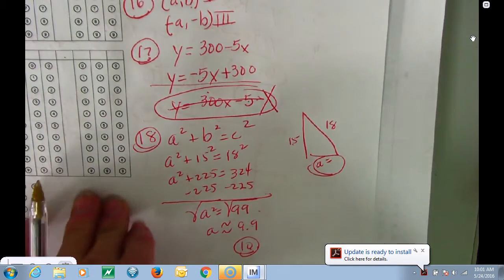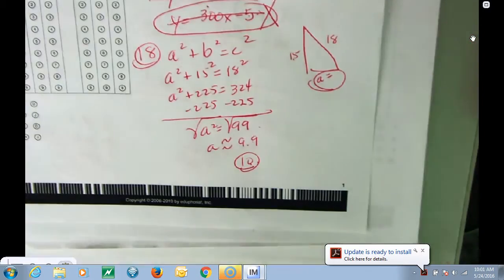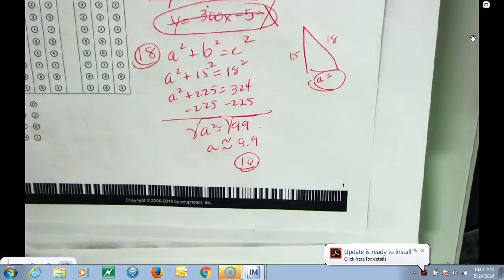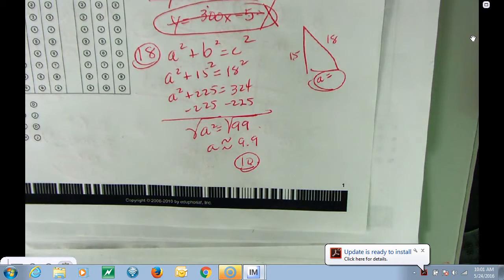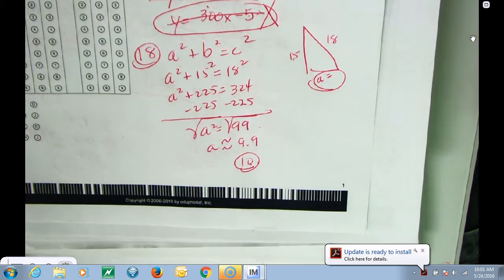And 19. You know what somebody put on 19? Well, a lot of people put Pythagorean theorem. That was a favorite answer. Some people put equations, functions, simple interest, MAD, but somebody put play to win.